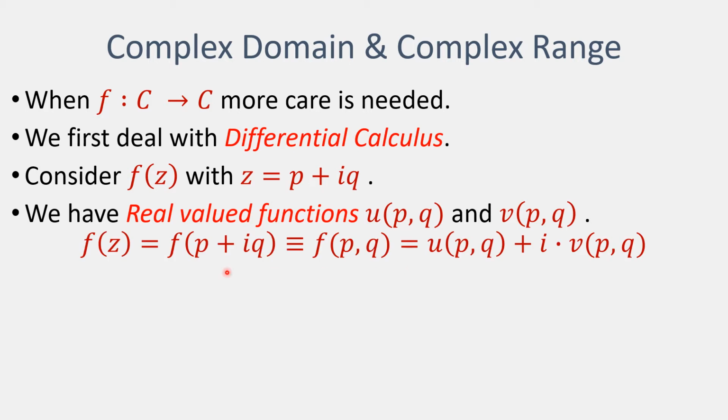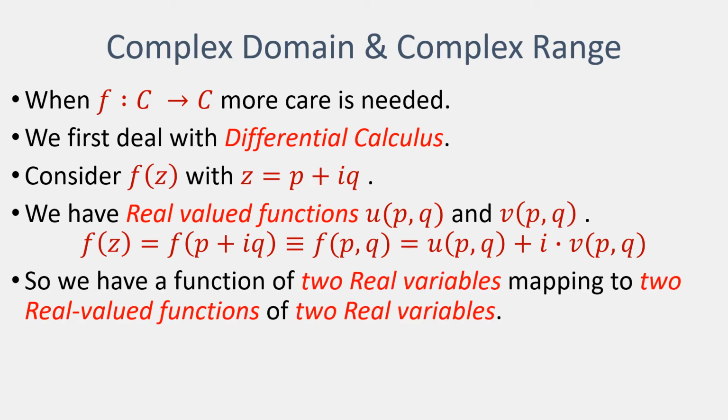So our typical complex valued function we can rewrite in this form, and we can expand that to involve our two real valued functions u and v when we write it in this form here. So what we have is a function of two real variables which produces as a result two real valued functions, each of those being functions of two real variables.